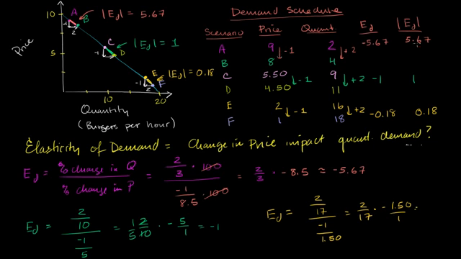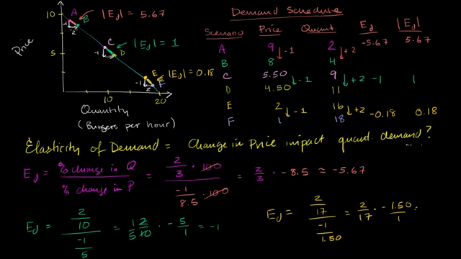And so that's why the absolute value of our elasticity of demand was a relatively large number. If you don't think about the absolute value, you get a negative number because this is a downward sloping line. But if you focus on the absolute value, the magnitude of it is a relatively large number, a relatively large percent change in quantity relative to your percent change in price.